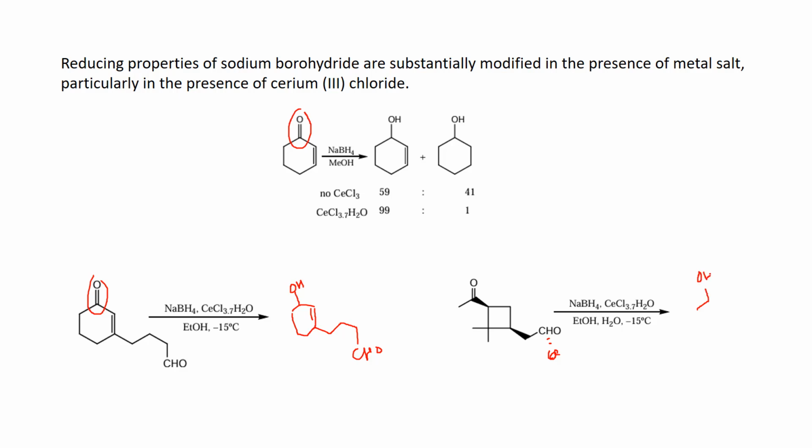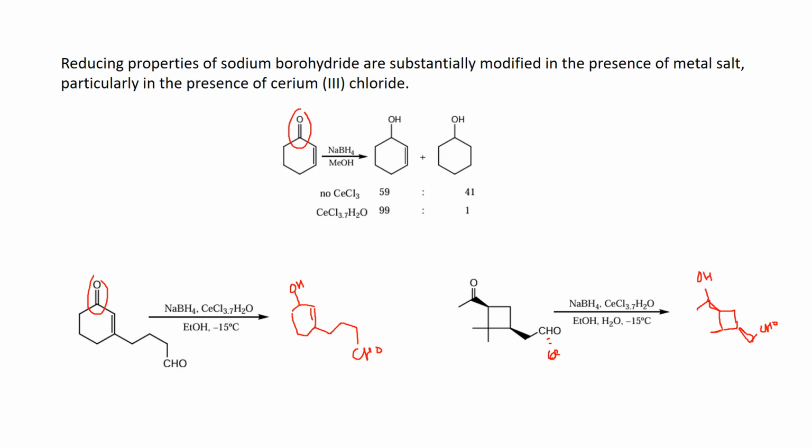So if we want to draw an overview from this reaction, whenever you add cerium chloride along with the NaBH4, the second reactive group will react under this reagent system and give us our product.